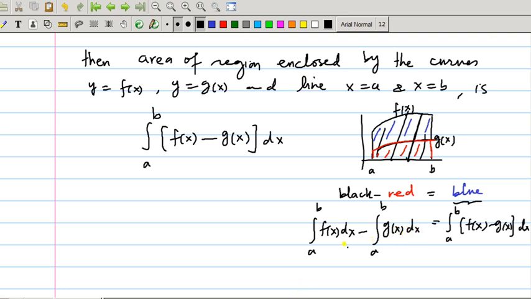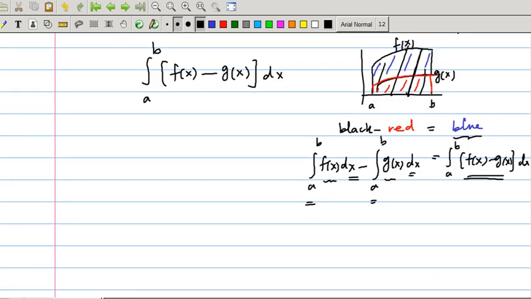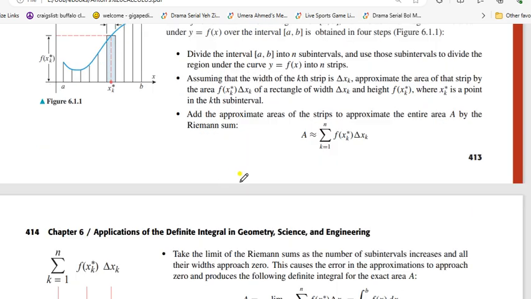So see, when dx is the same and limits are the same, it means I can subtract f(x) and g(x) and then integrate. So the left hand side is actually equal to the right hand side. So this is the idea. We are subtracting the smaller area from the bigger one to get the inside area. Okay. So that is a very simple application of our earlier work.